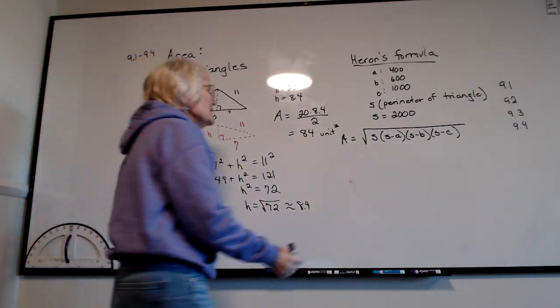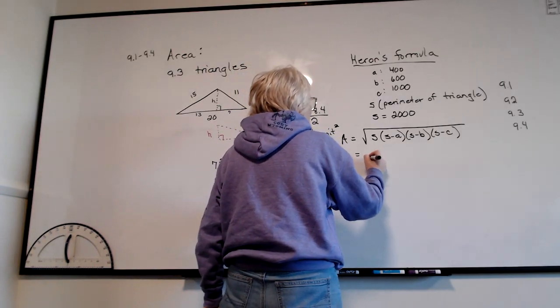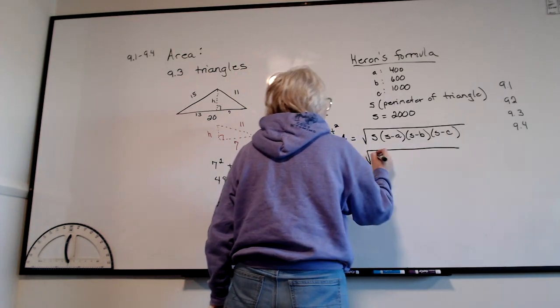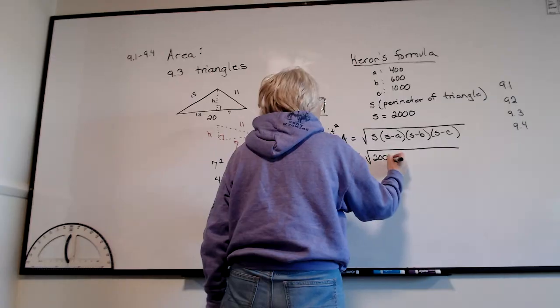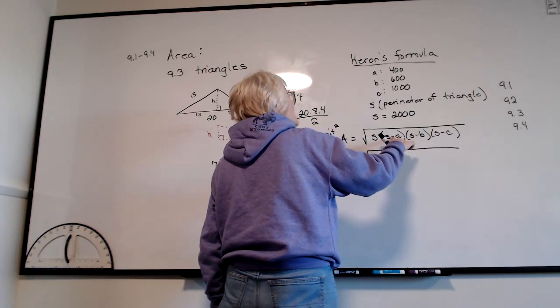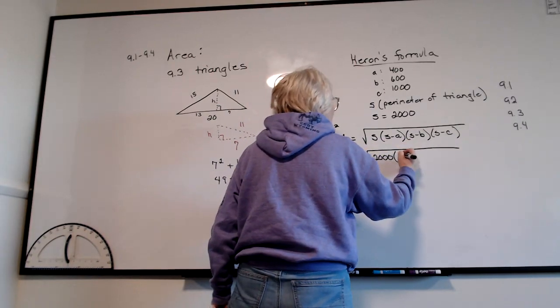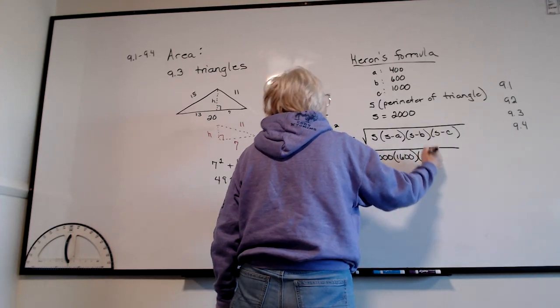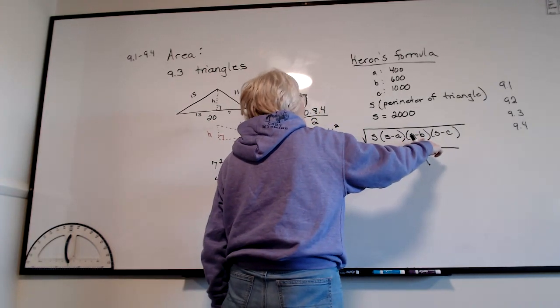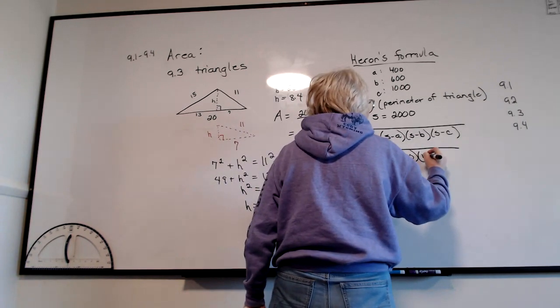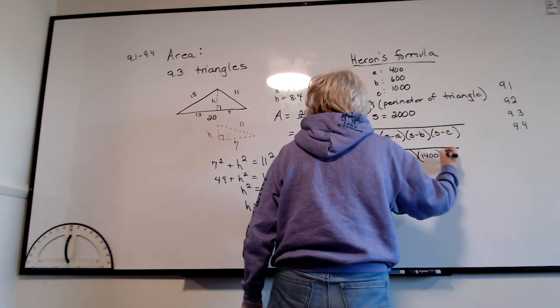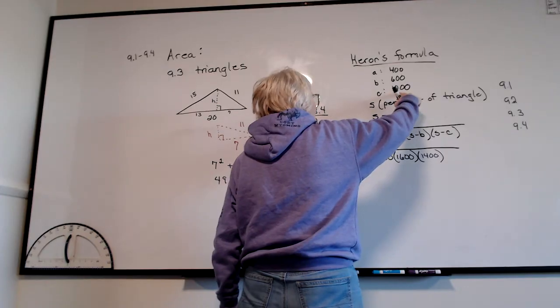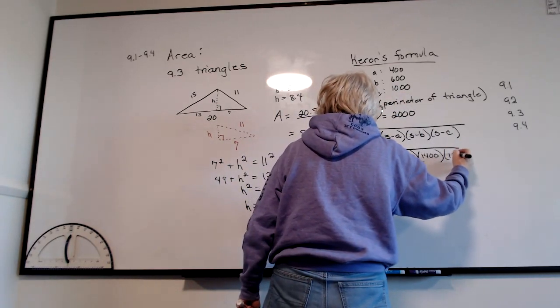So in this case, the square root is going to be 2,000 times 2,000 minus 400, which is 1,600, times 2,000 minus 600, which is 1,400, and then 2,000 minus 1,000, which is 1,000.